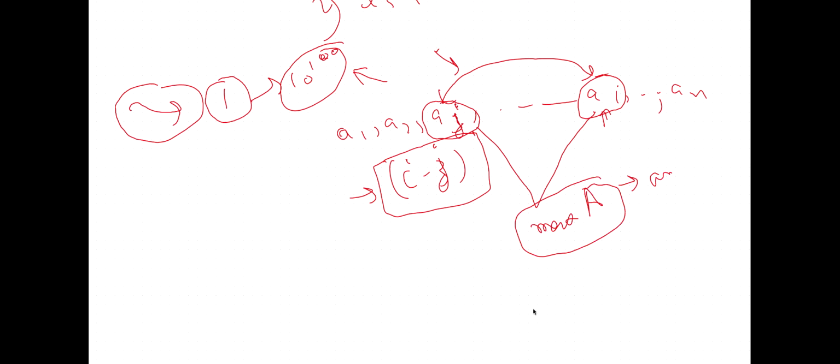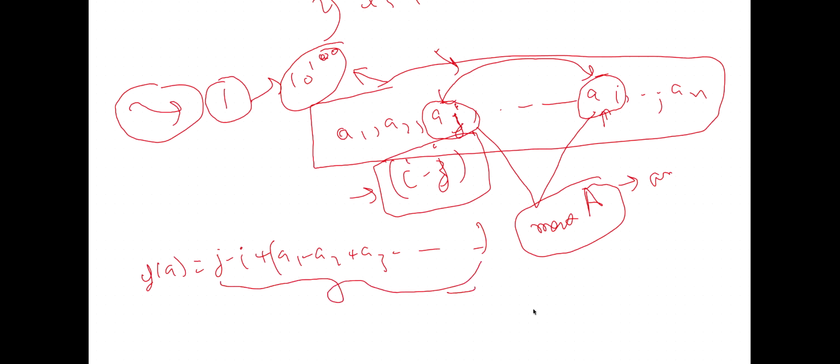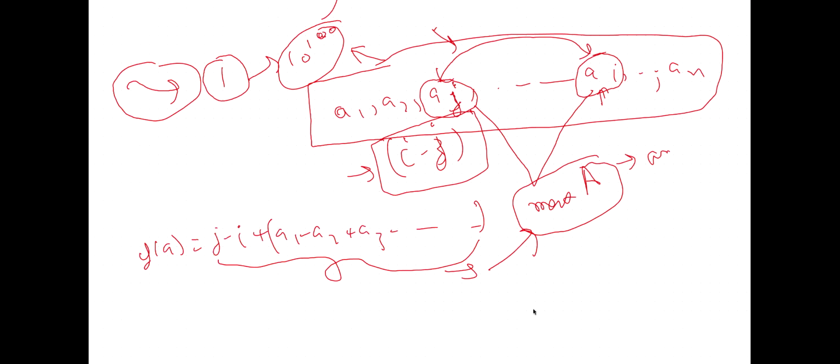I was saying that in this particular operation, the initial answer was 0 plus a1 minus a2 plus a3 minus a4 and so on. Why am I saying 0? Because initially the cost was 0. And she made this function j minus i plus a1 minus a2 plus a3 minus a4, such that for this one operation, this gives us the maximum answer. So Alice wants to maximize this equation and Bob wants to minimize this equation.